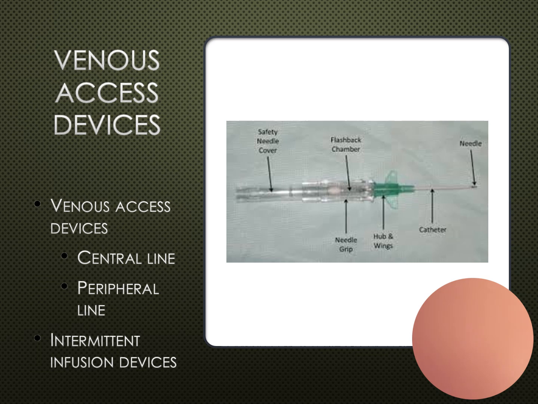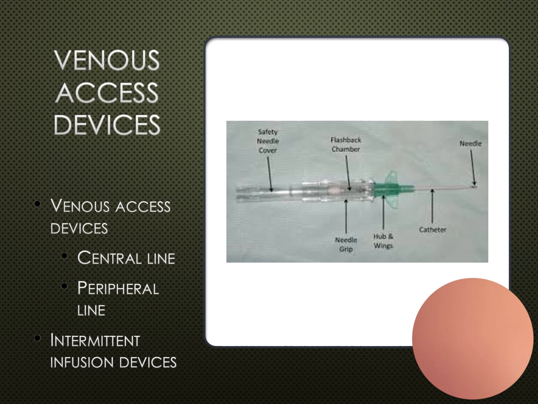Advantages: it can be used for intermittent administration of medications, whether by IV push or IV piggyback methods. It avoids multiple venous punctures. Again, it has a prompt venous access. It has the potential for decreased fluid overload. It's very economical, and it also increases comfort and mobility.